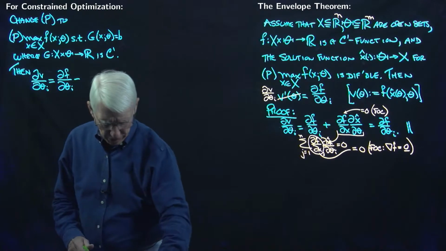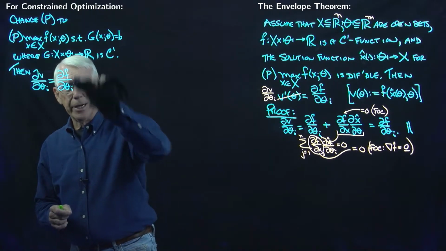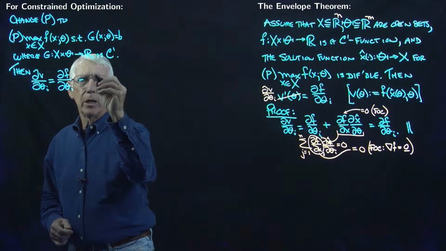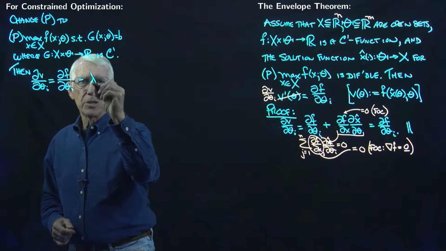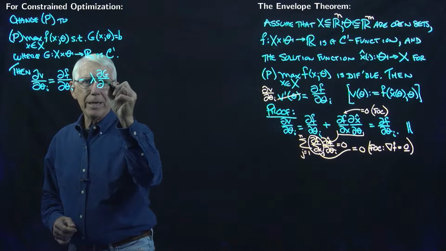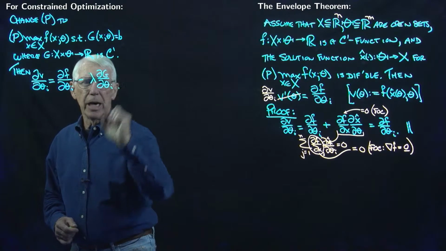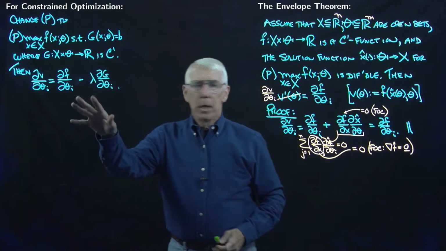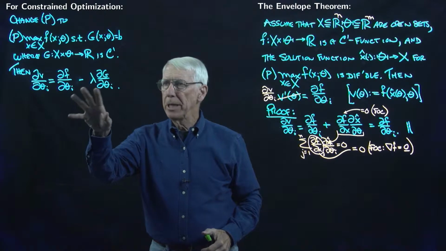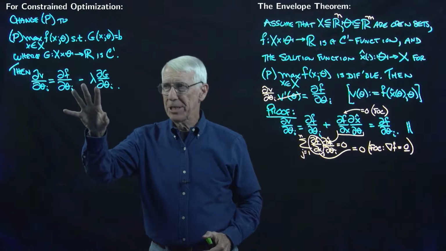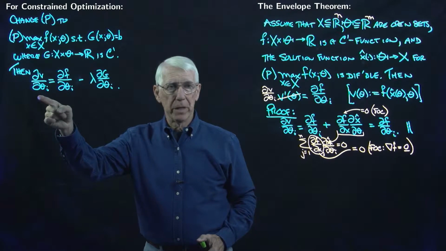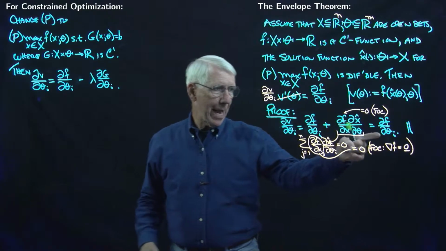Let me give myself a little more space there. Let's put that minus sign here and put the rest of this over here. So this is lambda times the partial of the constraint function with respect to theta I. So not quite as simple as over here. I mean, it looks still fairly simple, but it's not nearly as obvious that this should be the derivative of the value function as perhaps this might be.